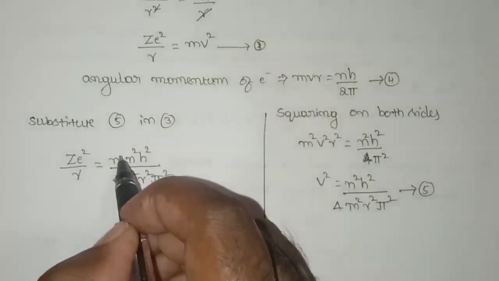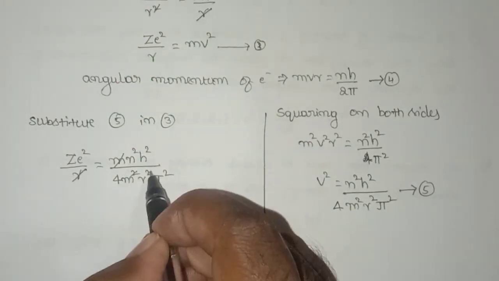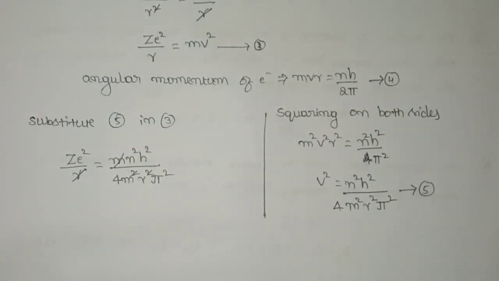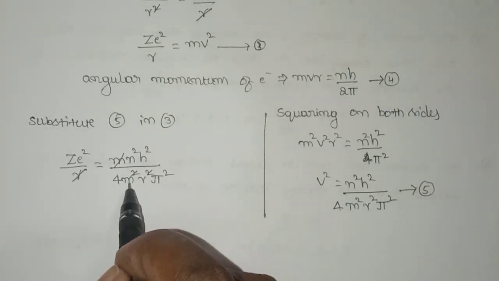Here m and m square will get cancelled, r and r square will get cancelled. Now the remaining things are, here we have one r and one m.